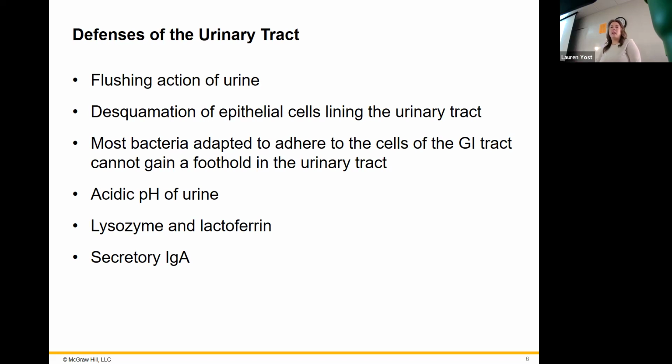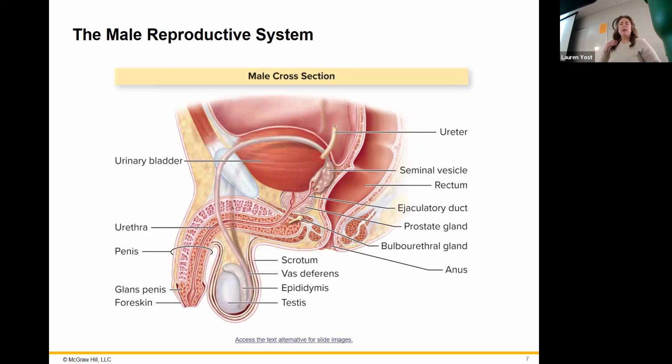The urinary tract also has acidic pH, lysozyme and lactoferrin, as well as secretory IgA, which is present in a lot of the mucosa. So getting into the genitals, I really don't need to go too much into the details of the genital structures here, but we are going to be talking about effects on the penis. We already talked about the urinary part of it.